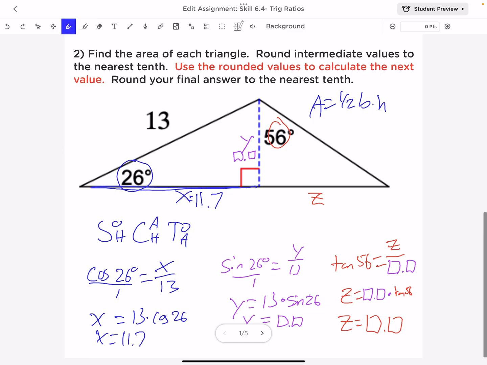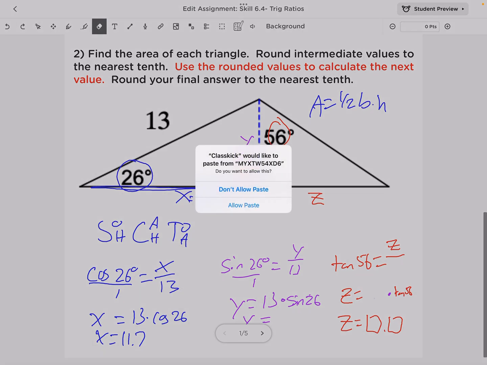All right, that means our y is 13 times sine 26, which is equal to 5.69, or 5.7. So this is 5.7. Make it purple, 5.7. We'll erase this, and this, and this. Those are all 5.7s.